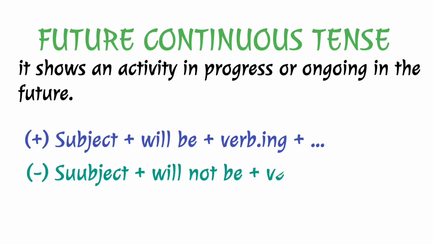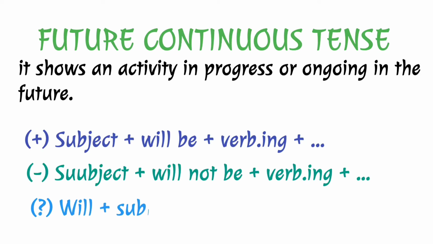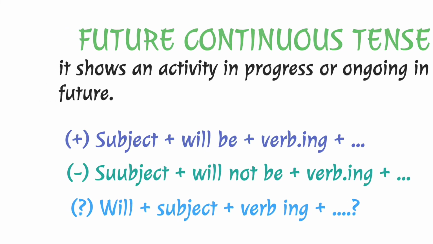In the negative, subject plus will not be plus verb ing. Interrogative, we have will plus subject plus verb ing. Remember everybody that this tense is used to show an activity ongoing in the future. Okay, remember the pattern. So now let's see the examples.